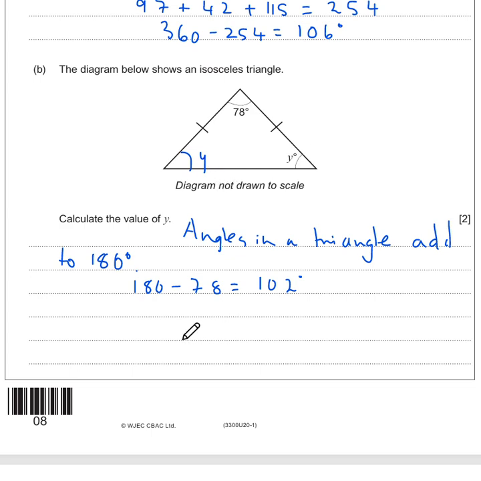I know that these are both equal, and obviously there's 2 of them, so let's divide that by 2, and that's going to give me y is equal to 51 degrees. It would be good at this stage just to do a little check. 51 plus 51 plus 78, does that add back up to 180 degrees? Which it does.